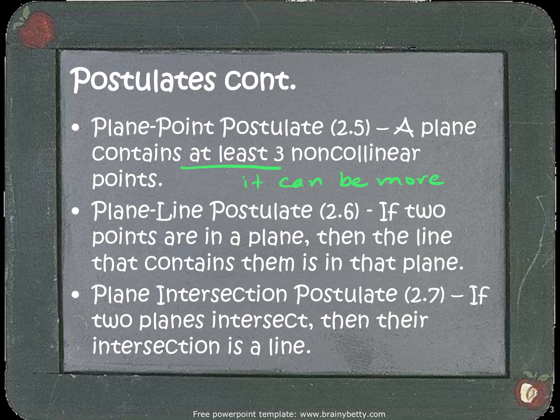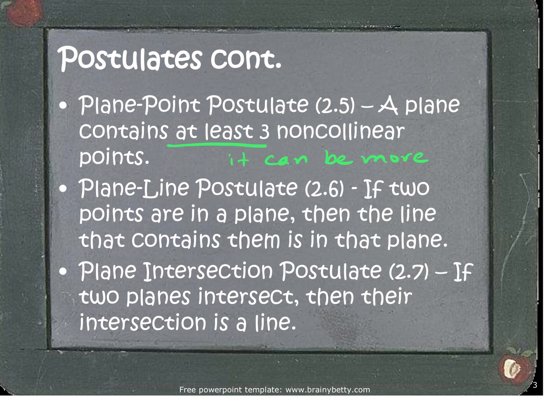So if I draw 2 points in a plane, so if I draw my plane first, and if I add in 2 points, then the line that contains those 2 points is also in the plane. So that's how a picture of that could look like.